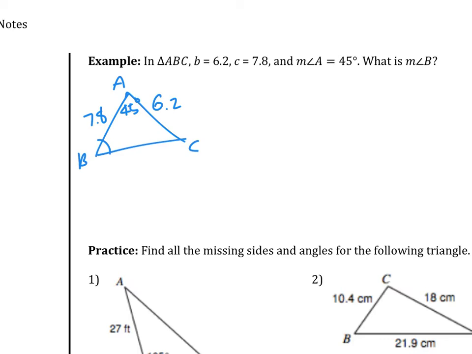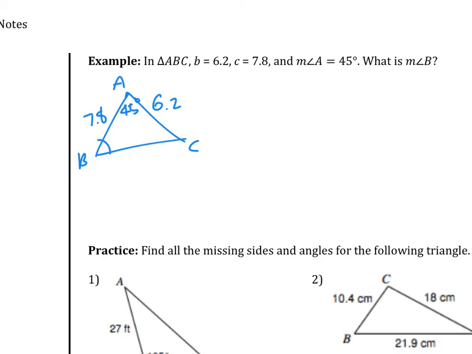All right, so first thing, let's check to see if we have a right triangle. We don't know, so we cannot assume anything. The next thing is, can we use law of sines? No, there is no pair that is an angle and opposite side pair, so no law of sines. We have no choice. We have to use law of cosines.